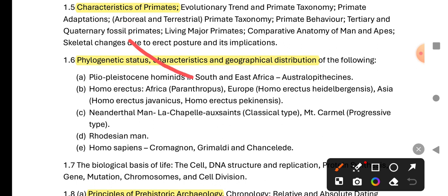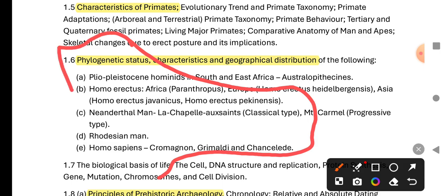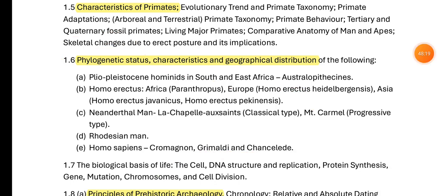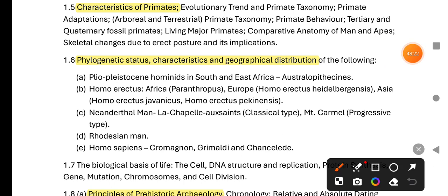This is the animal forehead. In Australopithecus the forehead appears, but it is slanting backward and becomes somewhat vertically structured.